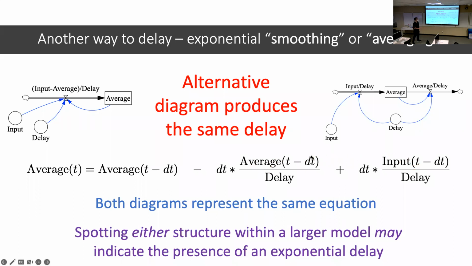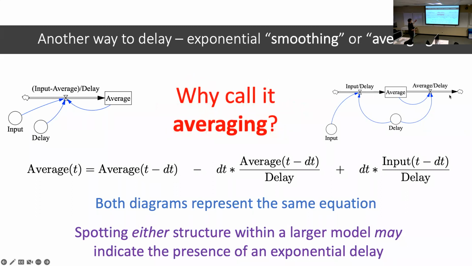So it's almost like there's a constant leak that depends upon how much water is in the tank, but there's an inflow, which is the desired water level. So it's whatever the current water level is, minus this little bit of leak, plus this input. That's one way to visualize what's going on with the smoothing delay.